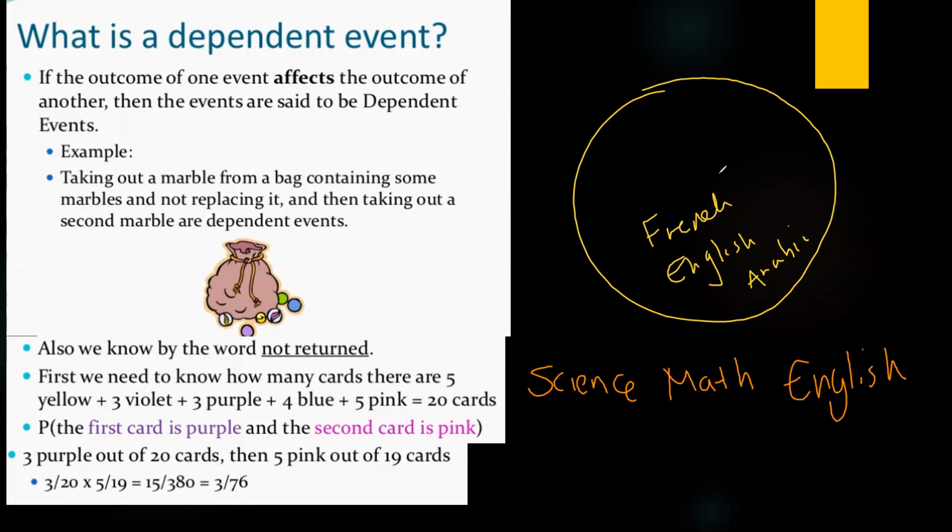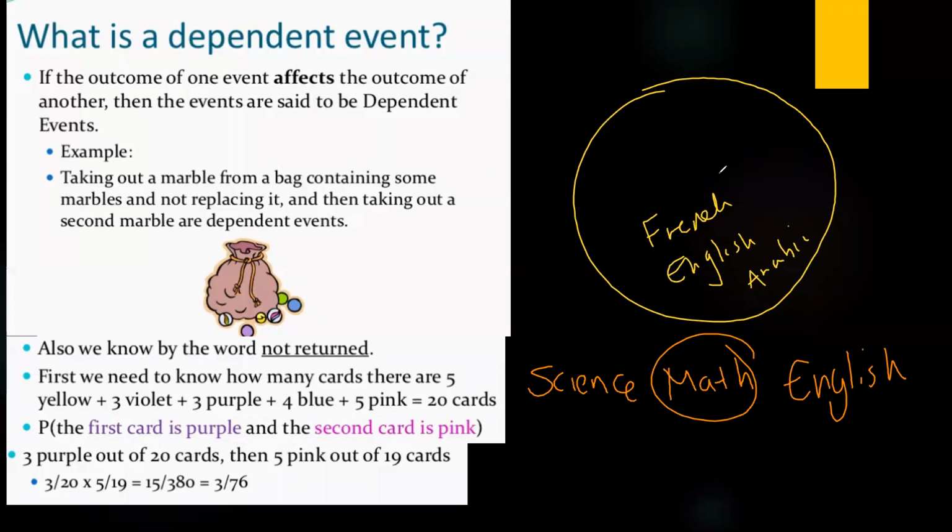Because when Huda comes, she says there's nothing here, I will choose English because science and math are gone. So the outcome of Huda depends on the outcome of Farah and Basmala. And maybe Basmala liked science, she didn't like math, but science is not here because Farah already took it.